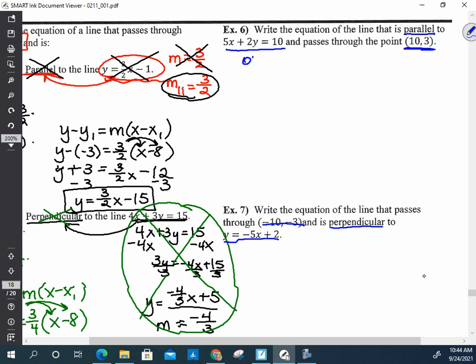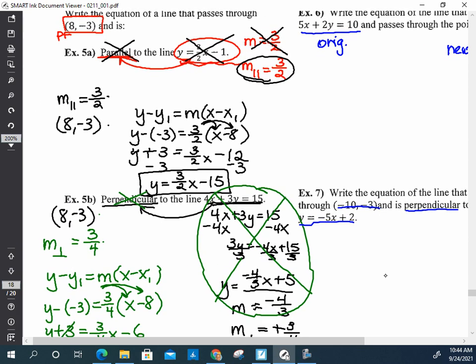So you are given the original equation. You need to figure out what the new equation is going to be. And that's what happens with both of them. So that will be uploaded to Google Classroom, but this now completes the additional instruction needed for section 2.4.